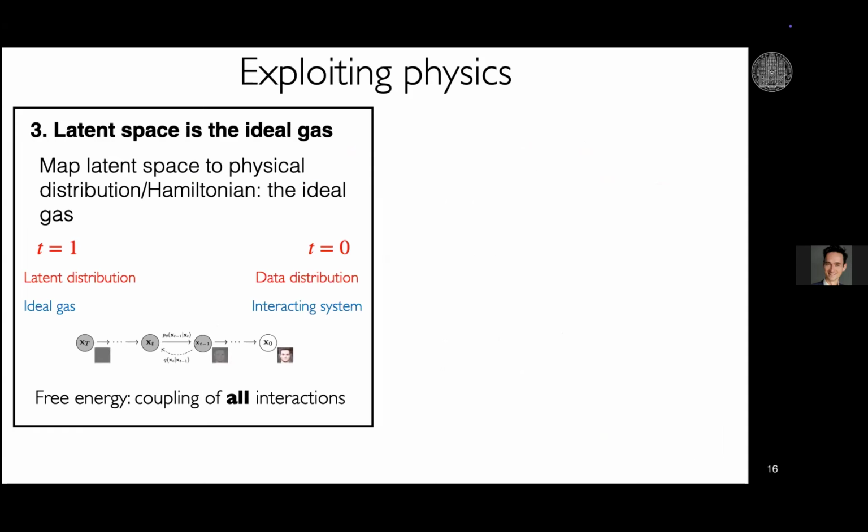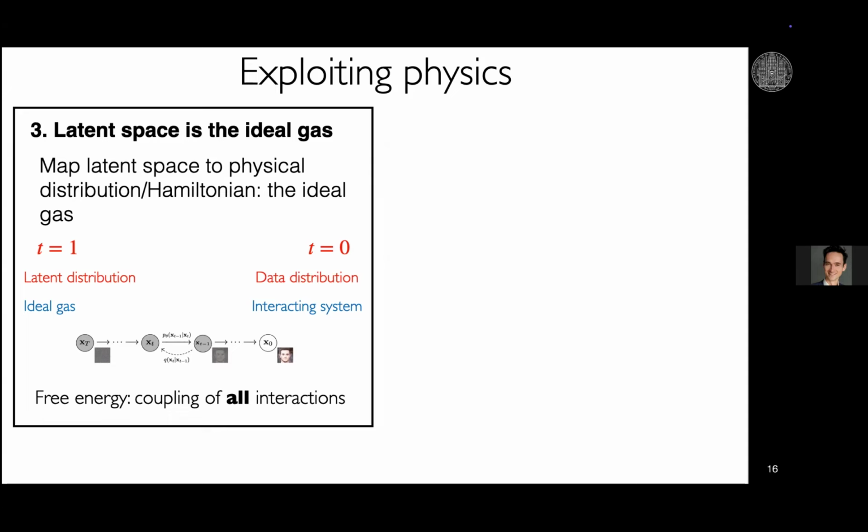Another aspect that we'll exploit is that we're going to associate physical meaning to our latent space. Our latent space is going to be the space of non-interacting particles. So in our data distribution, we have our Lennard-Jones particles, so they interact through the Lennard-Jones potential. And as we noise, so we go to the latent space, then we still have our particles, but they don't interact anymore.